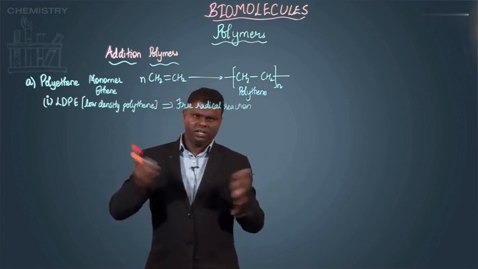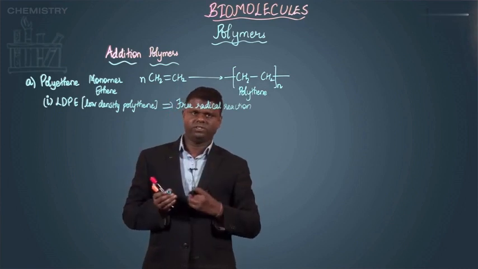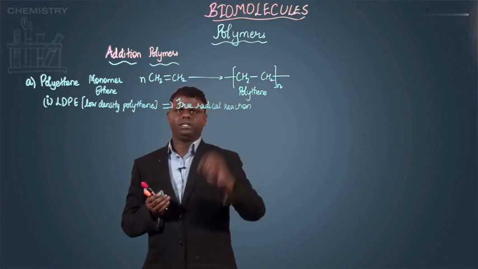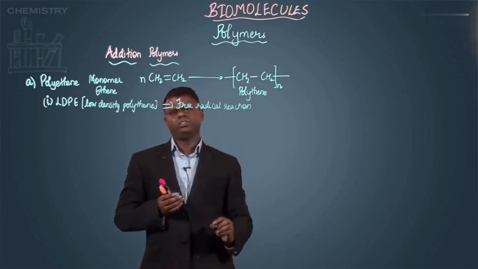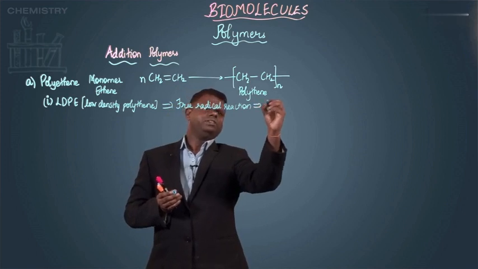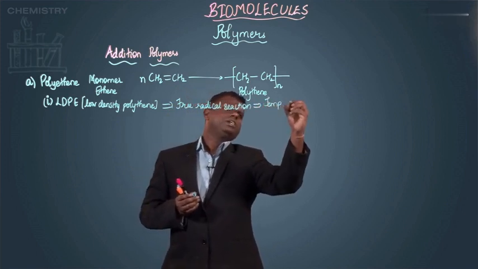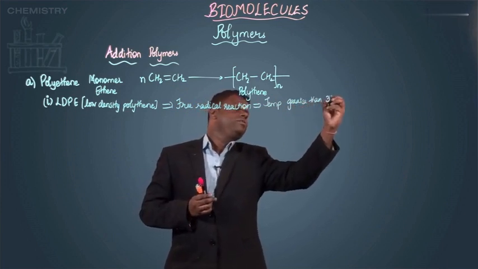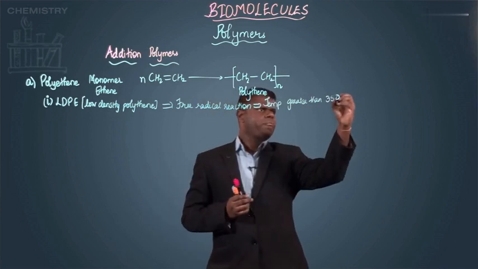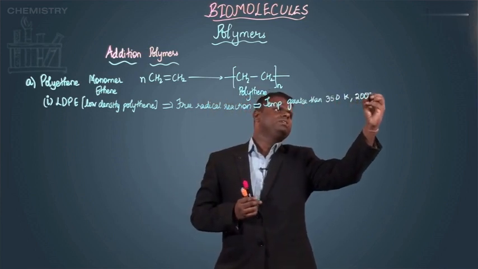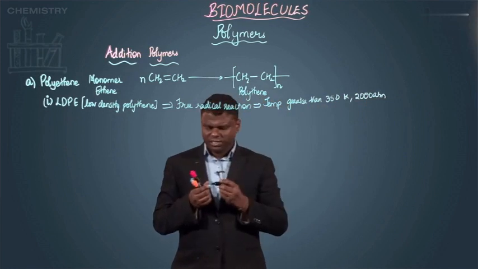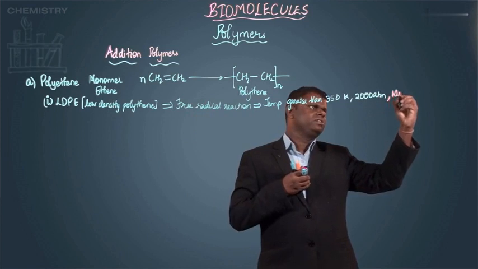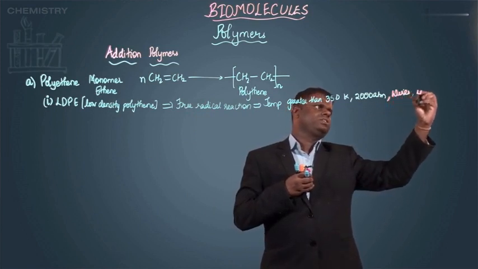You have a free radical chain going on, so hydrogen atom abstraction would be there, and then one more ethene molecule gets attached to it. We'll be discussing this anyway. So it follows a free radical reaction, and the temperature for this reaction is greater than 350 Kelvin, and the pressure is 2000 atmosphere. Low density polyethylene is generally used in wires and electrical instruments.